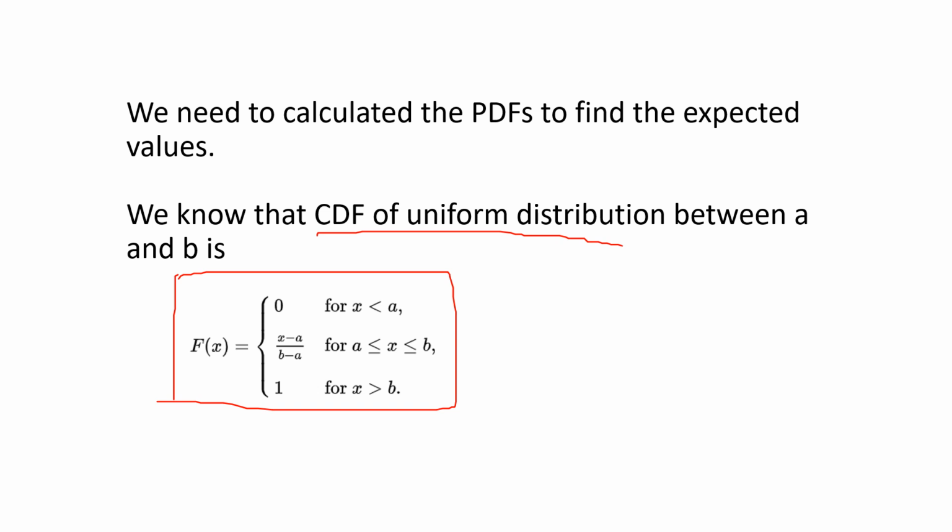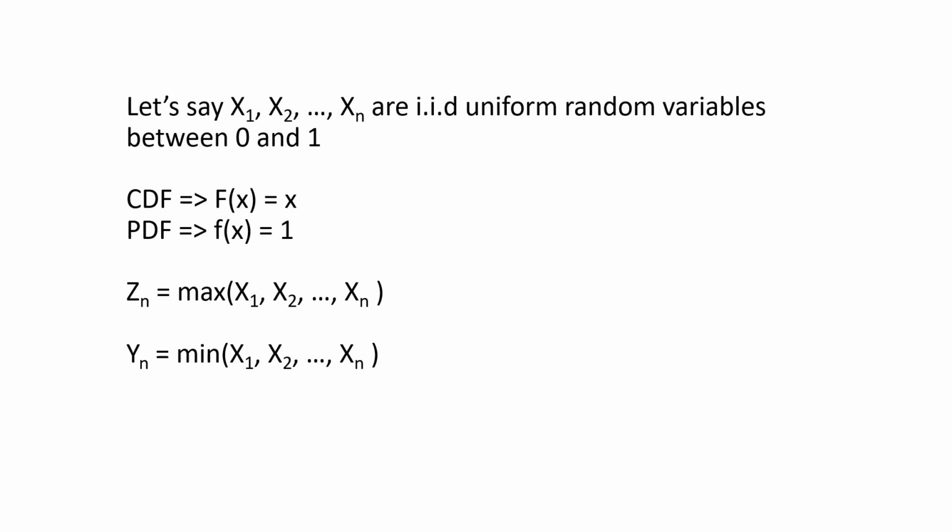So if you plug in a as 0 and b as 1, we will get F(x) equal to x for x between 0 and 1, and F(x) equal to 1 for x greater than 1. Now we have to find the PDF of Y and Z, where Y is the minimum of x1 and x2 and Z is the maximum of x1, x2. But let's find it for a general case of n random variables, and then in the end we'll put n equal to 2 to find the values for our question.